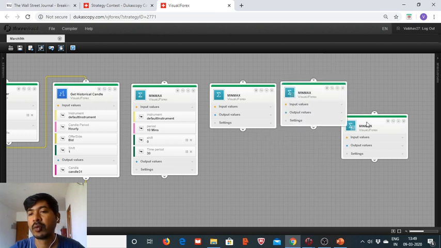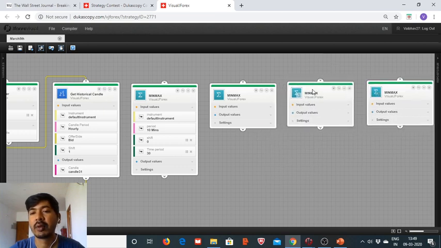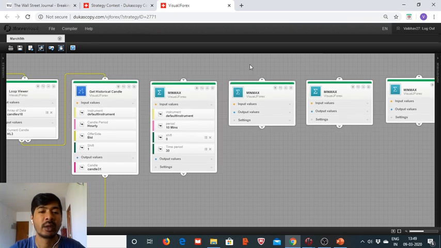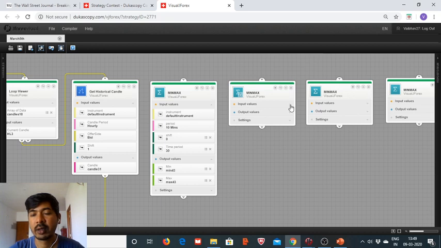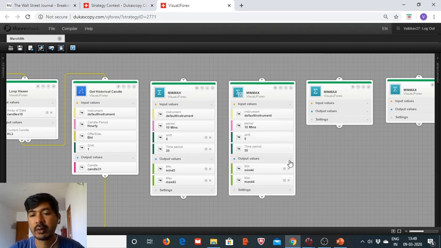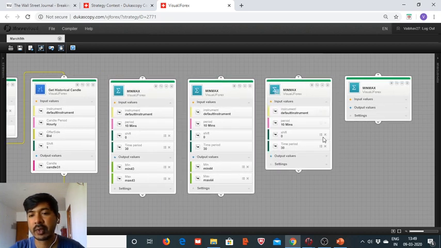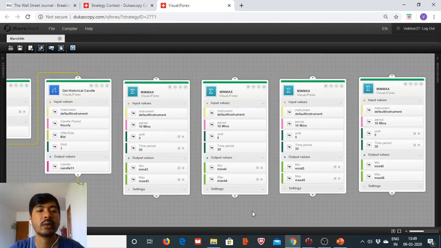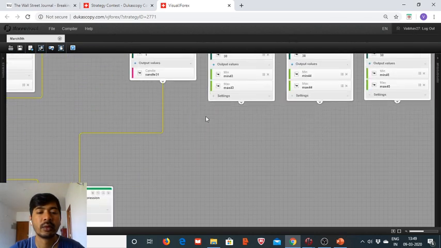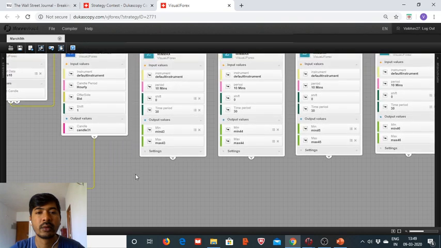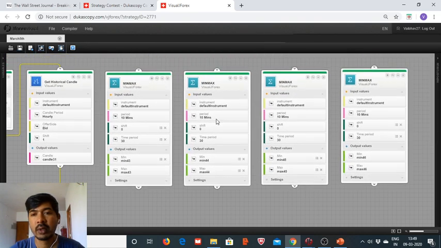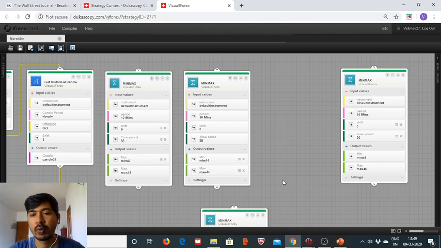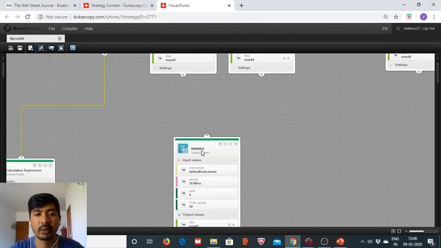So we will need 4 blocks, one for the current and one for the 20 time period back of 5 minutes each, 20 candles back, 24 candles back. This is it. I think we will keep it lower so it will be easier for us as well to connect.